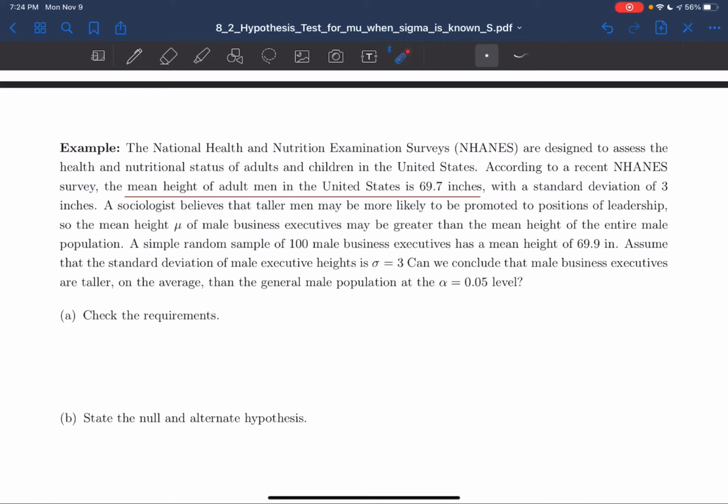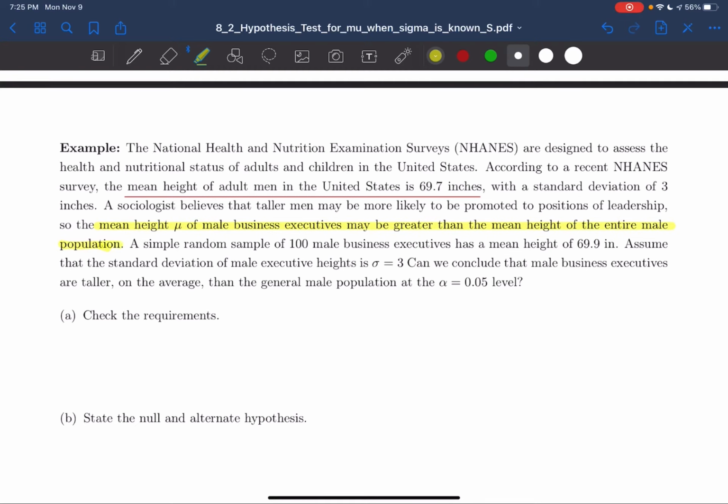A sociologist believes that taller men may be more likely to be promoted to positions of leadership.